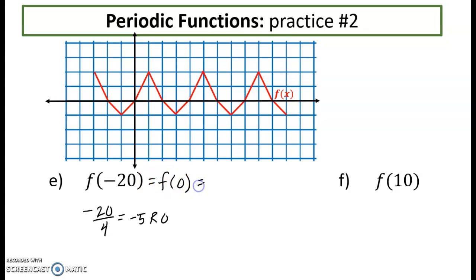So f of 0 from my graph is equal to 0. Okay, 10 divided by 4 goes in 2 times with a remainder of 2. So f of 10 would be equal to f of 2. And when I look on my graph, f of 2 has an output of 0.